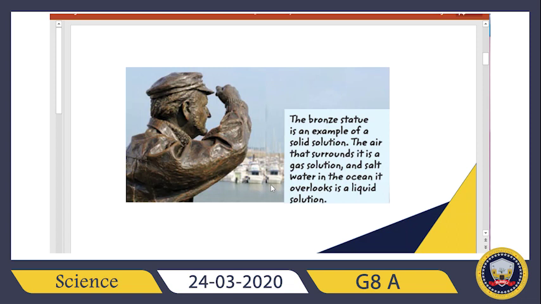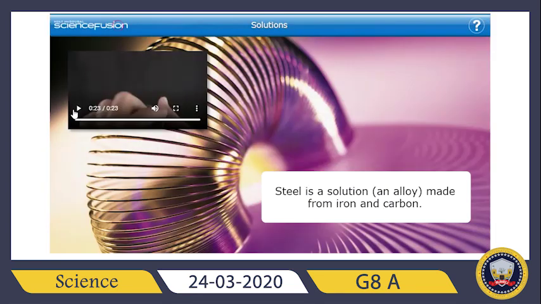So salt is still inside that water, but it is just dissolved into really small particles.